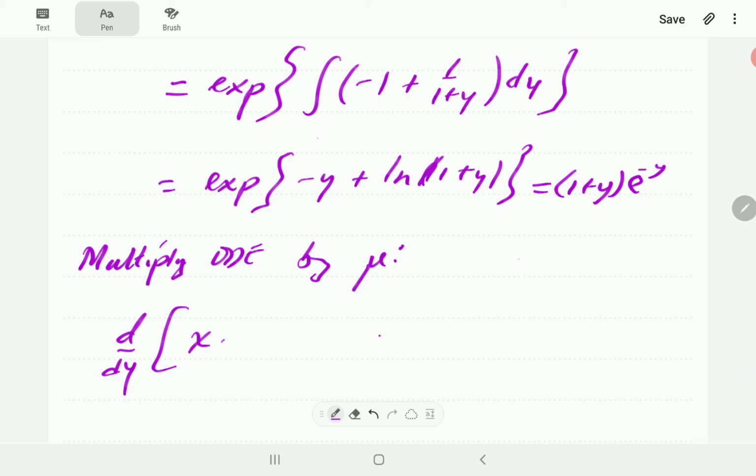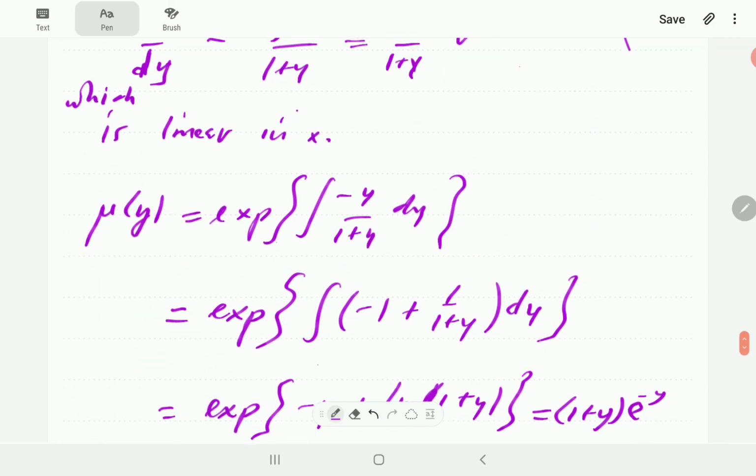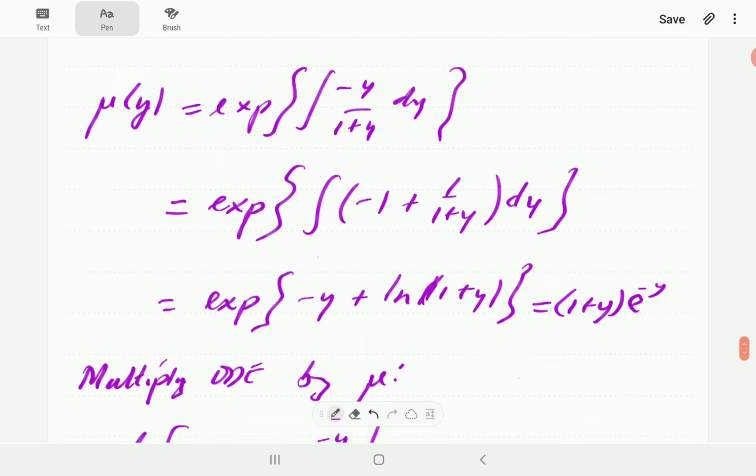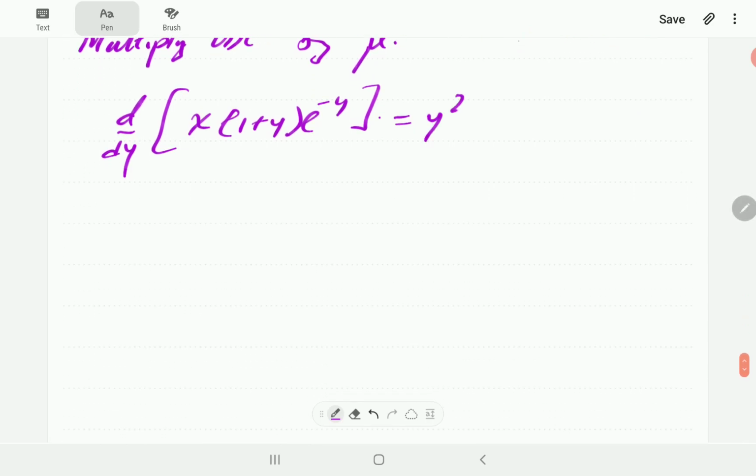So it's going to be x into 1 plus y e to the minus y, and the right hand side is going to be y squared e to the minus y.